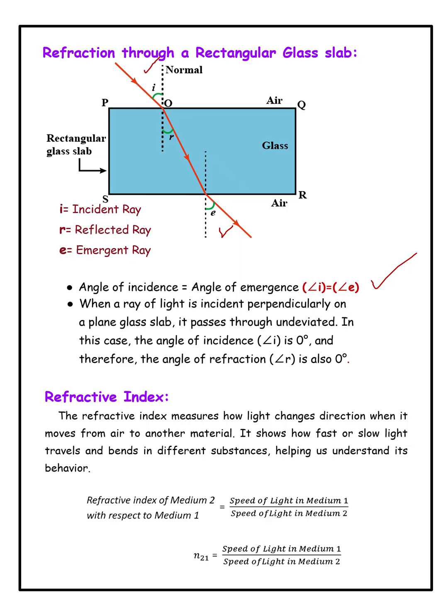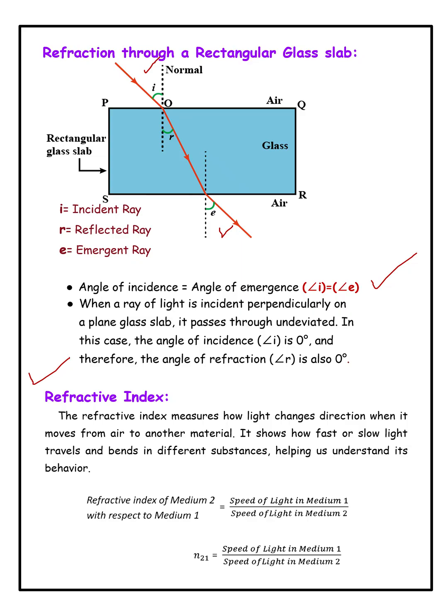Now, what is refractive index? Students mostly have a doubt in this topic, so we are going to study this in detail. The refractive index measures how light changes direction when it moves from air to another material. It shows how fast or slow light travels and bends in different substances, helping us understand its behavior.